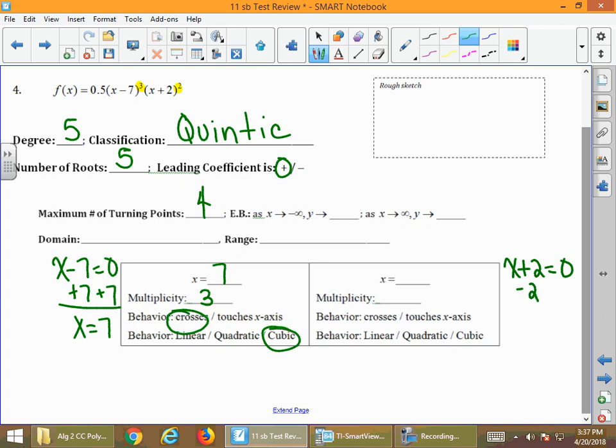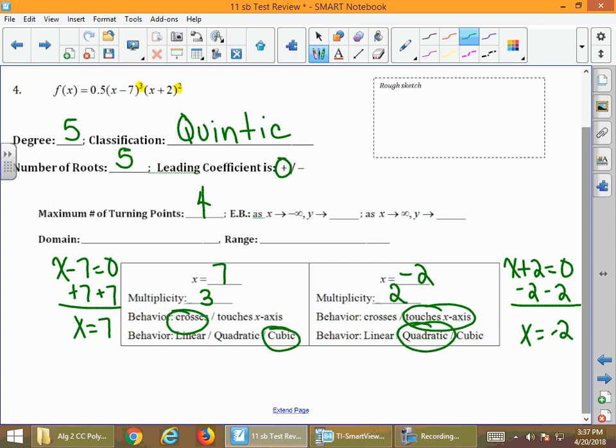So let's subtract 2 from both sides to get our root, which is where this graph is going to cross or touch the x-axis. The multiplicity on this one is a 2. Because the multiplicity in this particular problem is even, we are going to touch the x-axis.